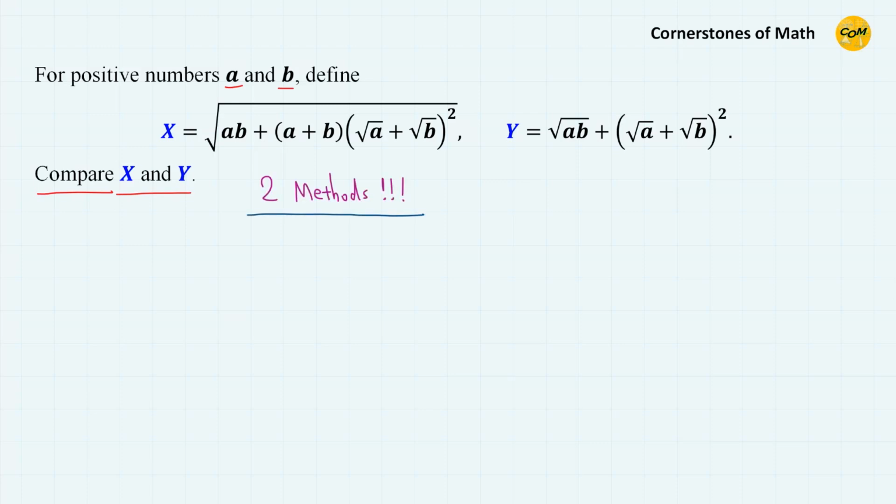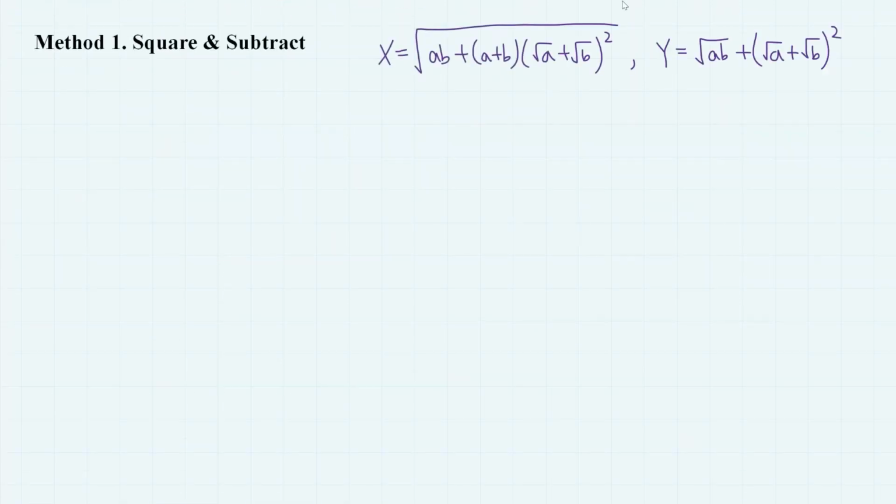But even for this simple comparison problem, there exist two methods. The first method comes from the observation that we have this huge square root radical for x, and squaring can remove the radical.